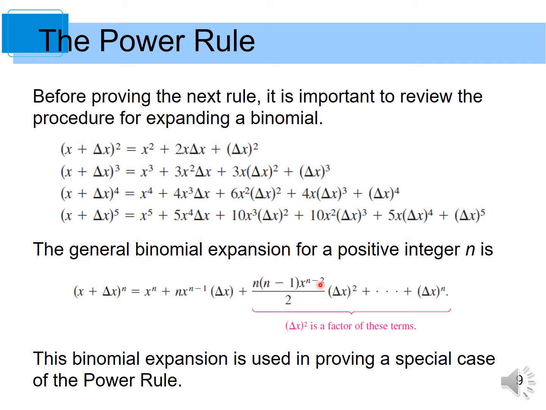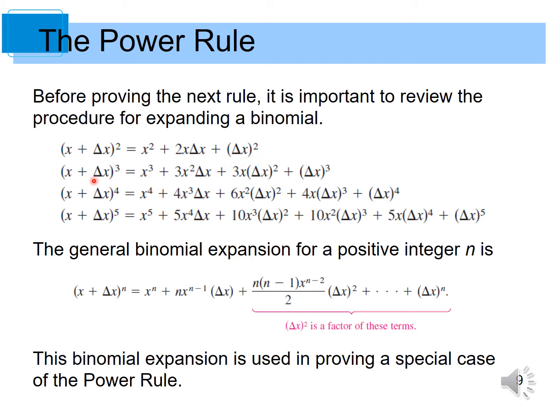Before proving the power rule, it is important to review the procedure for expanding a binomial. Let's say we have (x plus delta x) squared, and when we expand this, we have x squared plus 2x delta x plus delta x squared.